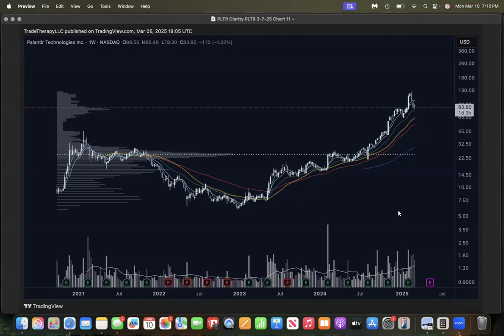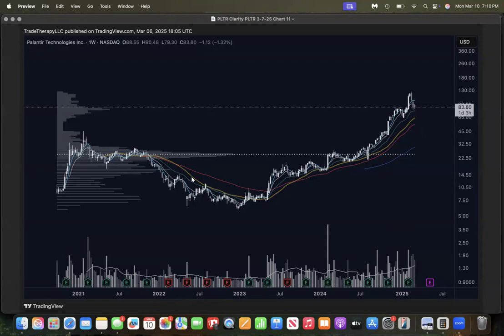This is the first chart that we shared for Palantir. This is a clean weekly chart. It did include the volume profile here, just to show that although we do see some elevated volume here, we don't think this is distribution. So this was distribution previously.